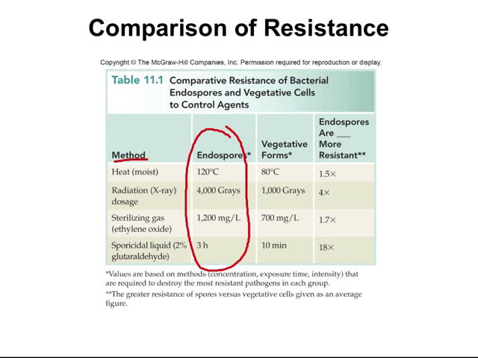The vegetative forms require much less because they're less resistant. If we look over here, we'll see basically the summary that endospores are much more resistant. It takes 1.5 times as much heat, it takes 4 times as many gamma rays, it takes 1.7 times as much gas, and 18 times the amount of time in a sporicidal liquid. So endospores are much more resistant than our vegetative forms in general.